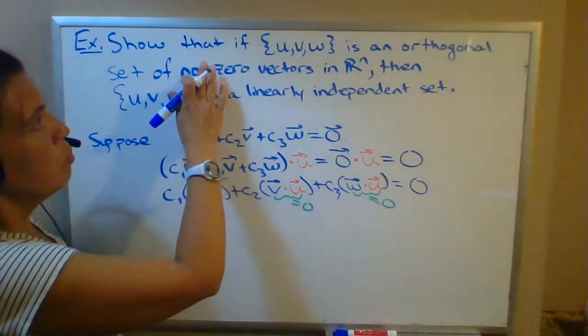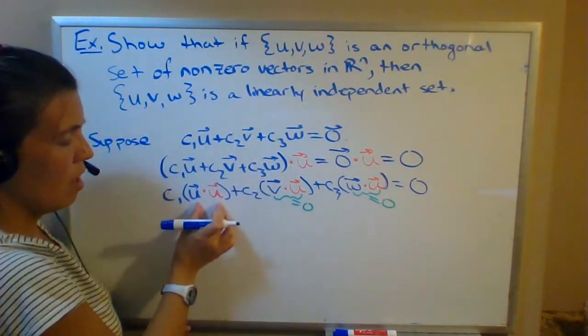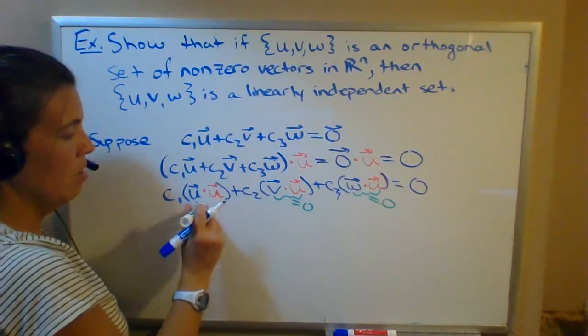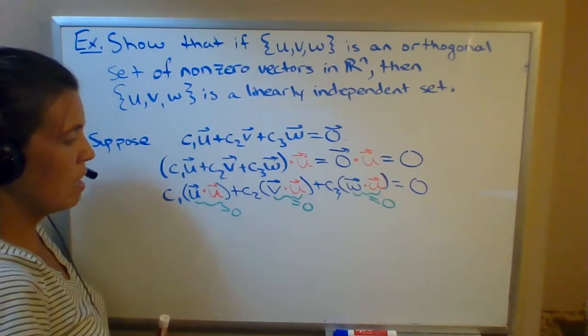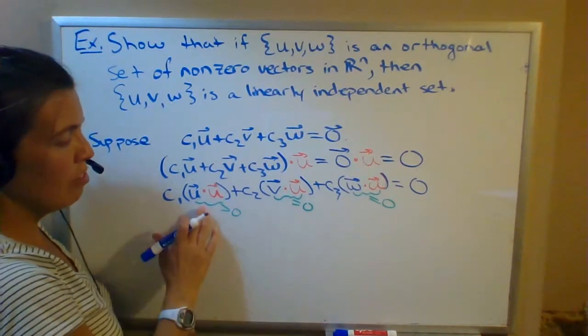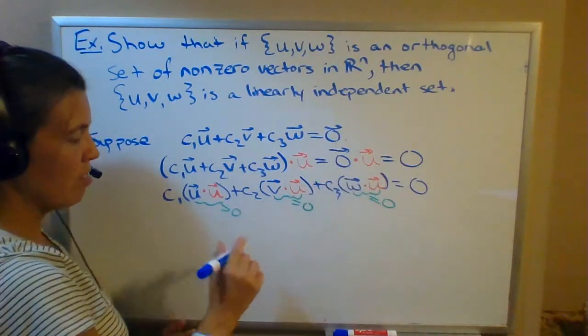Also, since u, v, and w are all non-zero vectors, u is not the zero vector, which means this quantity right here is strictly greater than 0. It's going to be some positive quantity. The important thing for my purposes right now is that it's not 0. So u dot u is not 0. These other inner products are 0.